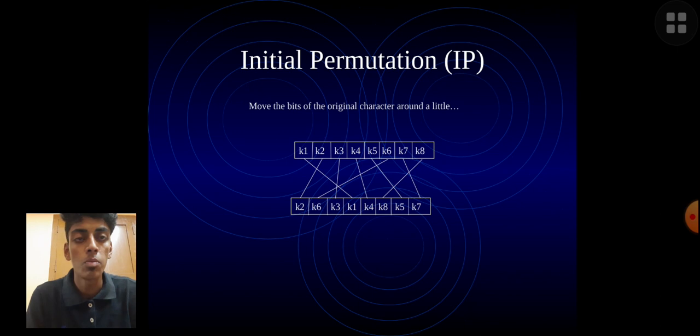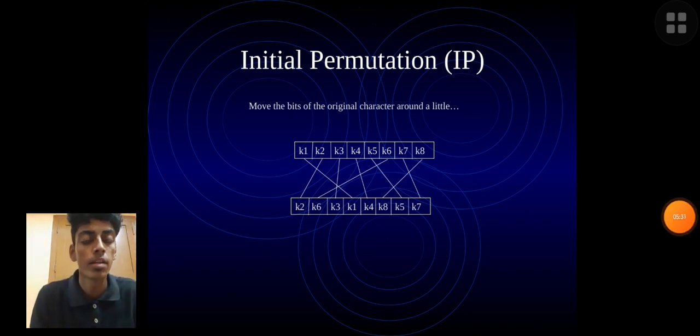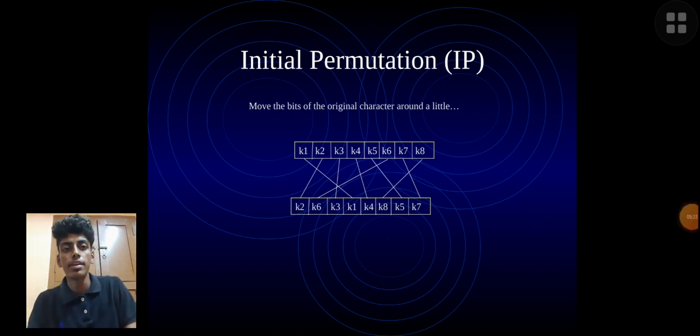Now how to find the initial permutation IP. Let us see how the process works. It moves the bits of the original character around a little.